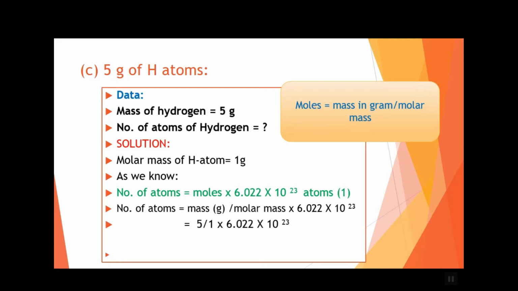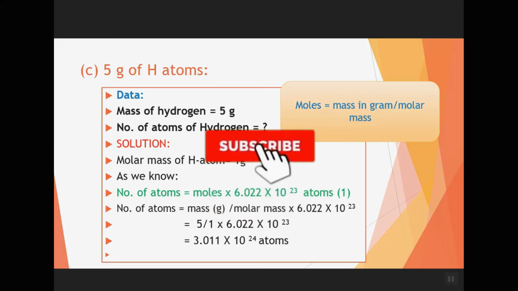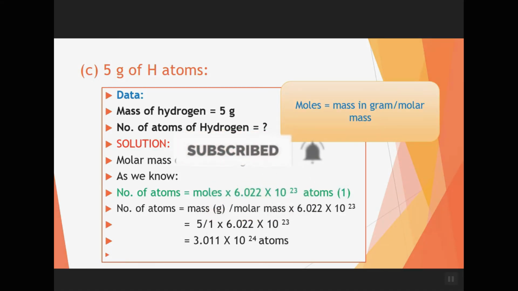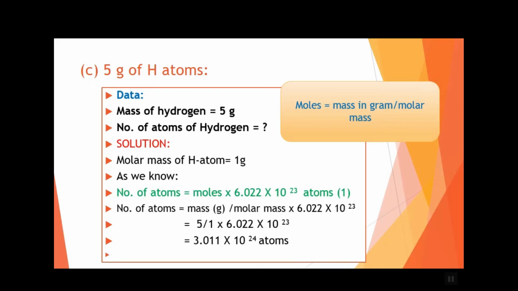Now, students, put the values: mass 5 gram divided by molar mass, that is 1, multiplied by Avogadro's number. Finally, we get the answer 3.011 exponent 24 atoms of hydrogen. So, in 5 gram of hydrogen, there are 3.011 exponent 24 hydrogen atoms present.